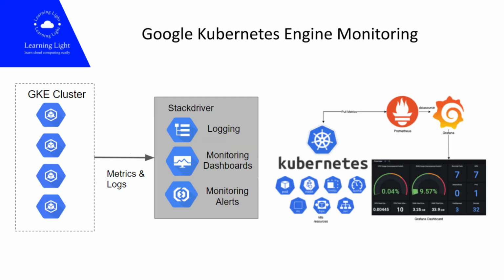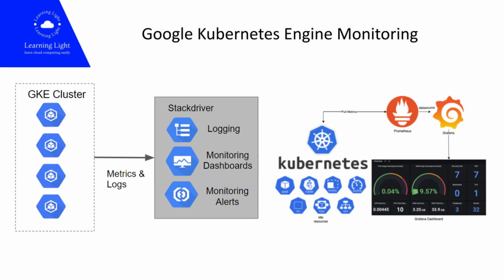Also, going forward, we'll learn how we can use Prometheus and Grafana and other monitoring tools, how we can visualize the operations and the application health inside the Kubernetes cluster.